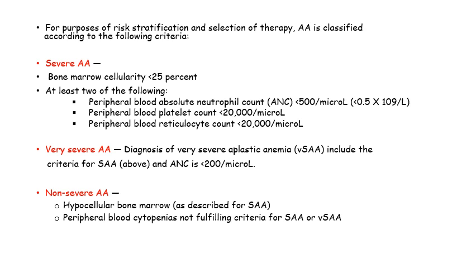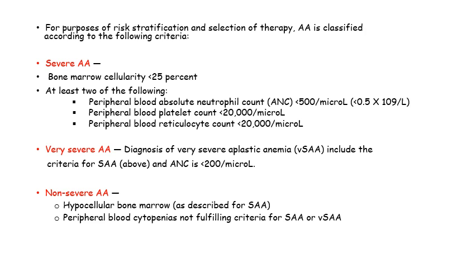The risk stratification will help in the selection of therapy. Aplastic anemia can be classified according to the following criteria. Severe aplastic anemia: here the bone marrow cellularity is less than 25%, with at least two of the following: peripheral blood absolute neutrophil count less than 500 per microliter, platelet count less than 20,000 per microliter, and reticulocyte count less than 20,000 per microliter.